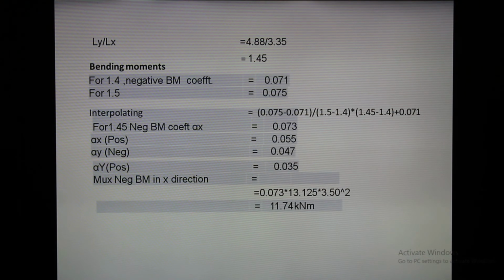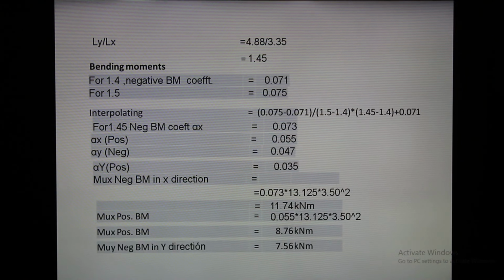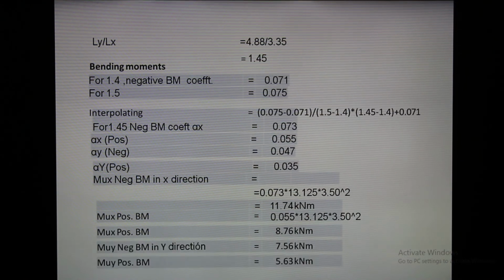So that gives 11.74 kNm. Positive bending moment, that is 0.055 into load into span square, that gives 8.76 kNm. Negative bending moment in y direction 7.56. Positive bending moment in y direction 5.63 kNm.